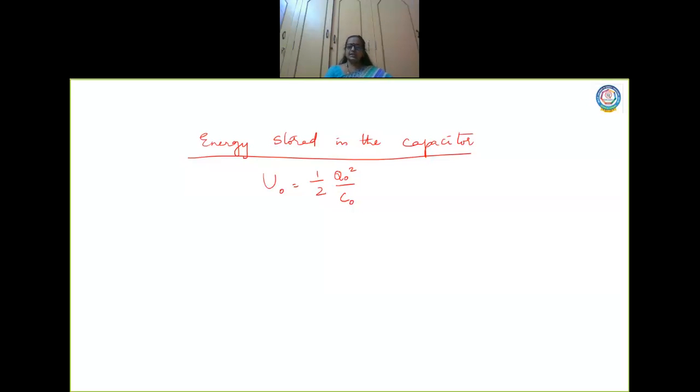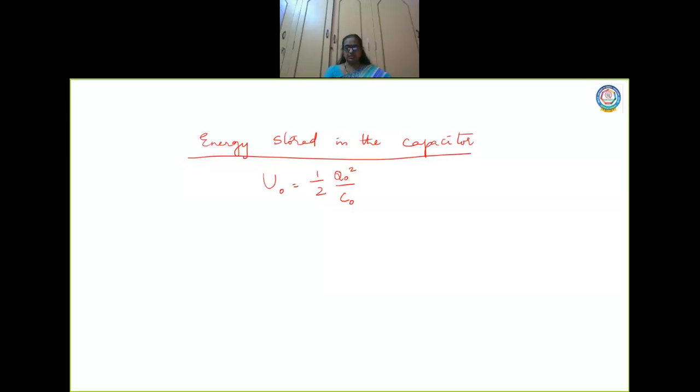Now after the dielectric is introduced, Q naught is going to remain the same, because when the battery is removed, there is no change in the value of Q naught. So Q naught is constant, but what is increased here? Capacitance is increased. So when capacitance is increased, definitely energy will be decreased.